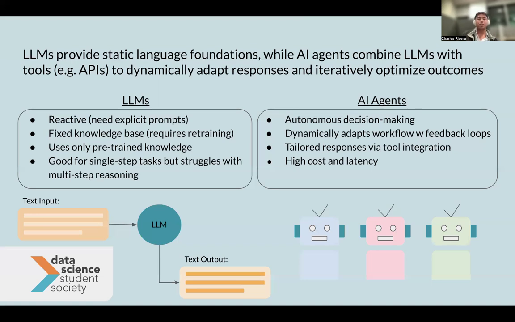And so an LLM is going to give a really kind of bad response, but an AI agent is able to make it more tailored and better. And even though it takes up more time to do, it's still going to be better.